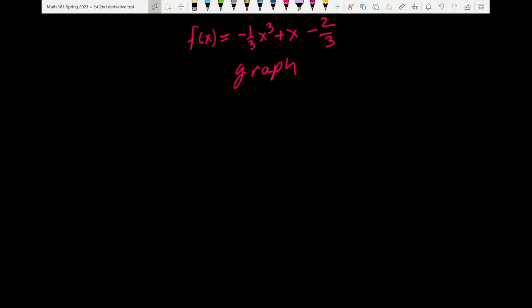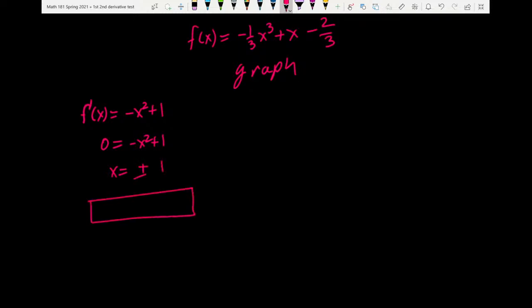All right, let's try this one. First derivative, negative x squared plus 1. Set it equal to 0. Your critical points are plus or minus 1. That's super easy. Negative, positive, negative.